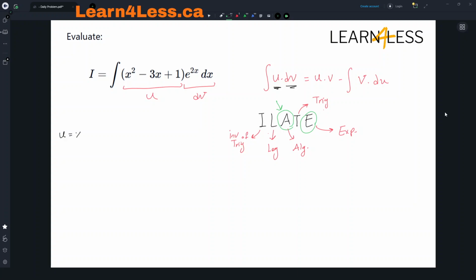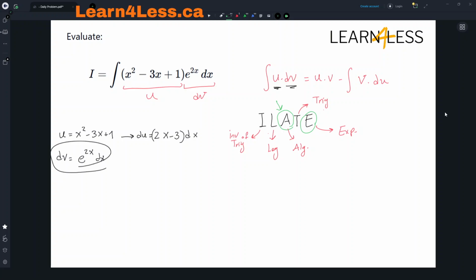We said u is x squared minus 3x plus 1, and dv is equal to e to the power of 2x dx. From here, we find du by taking the derivative, which is 2x minus 3 dx. Let's make sure that the entire thing is times dx.